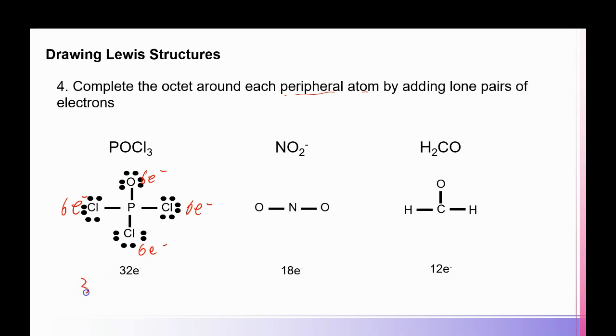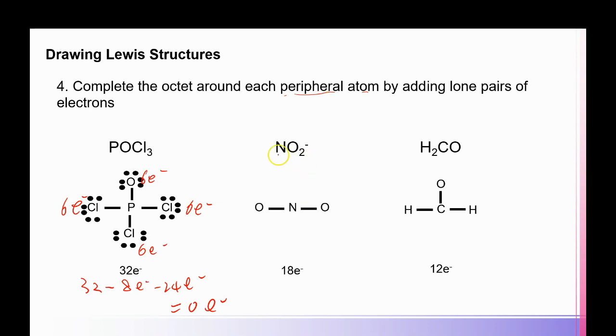So originally I have 32, minus 8 on the bonds, and minus 24. We have 0 electrons left, and now you stop here, and then next step, you want to see if it's happy or not.